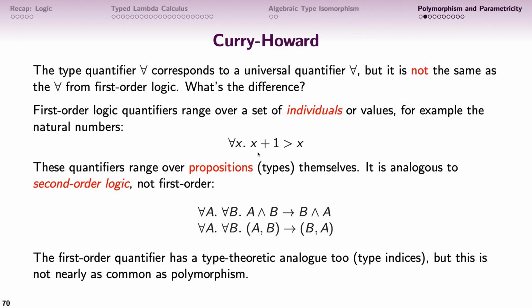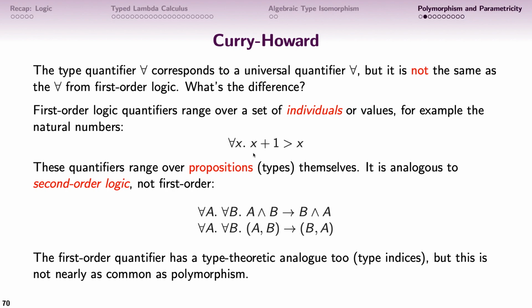We do, however, have a way to quantify over first order logic things as well, and that's data kinds. We've seen data kinds already, right? We can talk about values in the type level of kind Int, or of kind Nat, or other things like that. And when we do that, what we're doing is this kind of quantification.